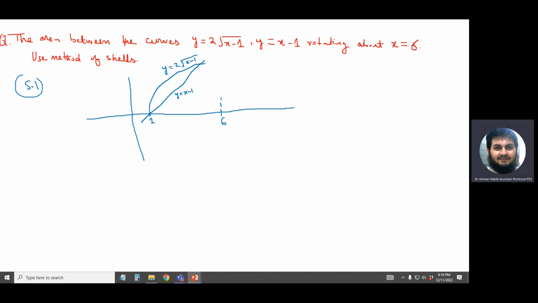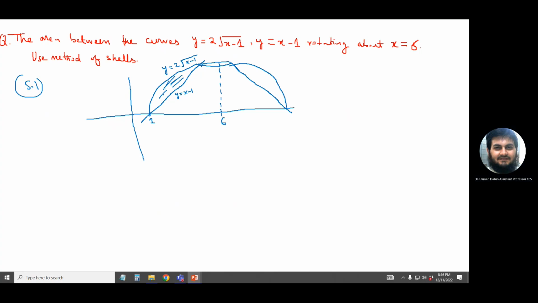And now this is the axis of rotation, x equals 6. This is interesting. We're going to duplicate everything here. Let's replicate whatever we have done on the left-hand side to the right-hand side, and more or less it becomes something like this.